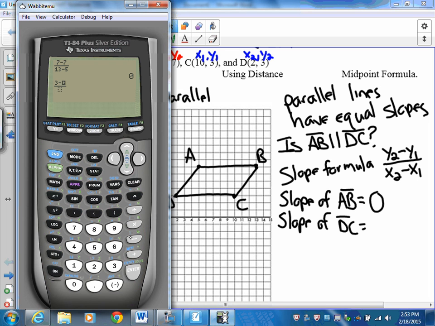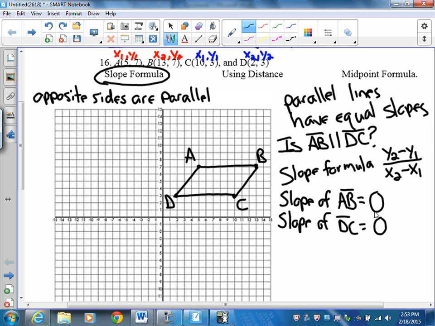We're going to have 3 minus 3 over 2 minus 10. And again, we have 0. So the slope of DC is 0. So is AB parallel to DC? We can answer that question, and the answer to that question is yes.